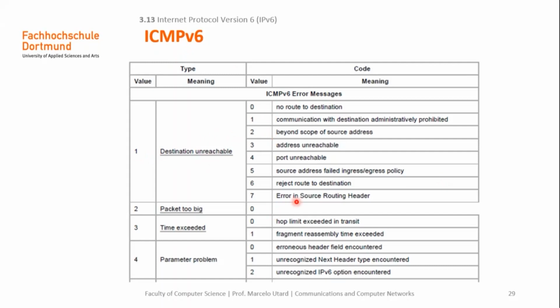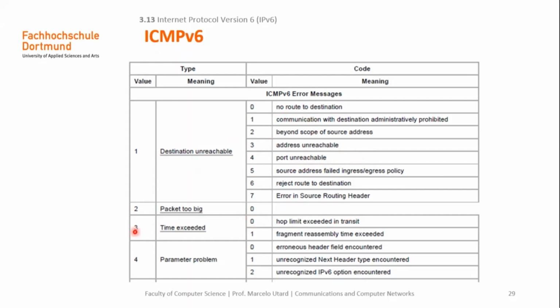Most of those are similar to the type and code used in ICMP version 4, for instance, address unreachable, port unreachable, and other similar ICMP messages.